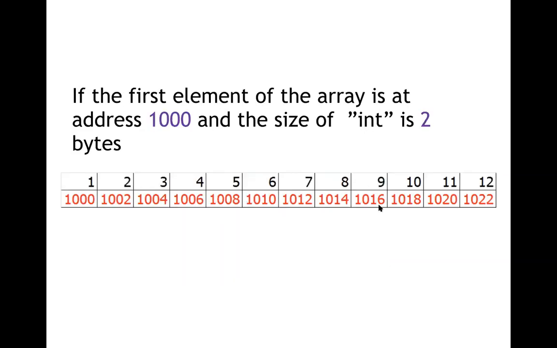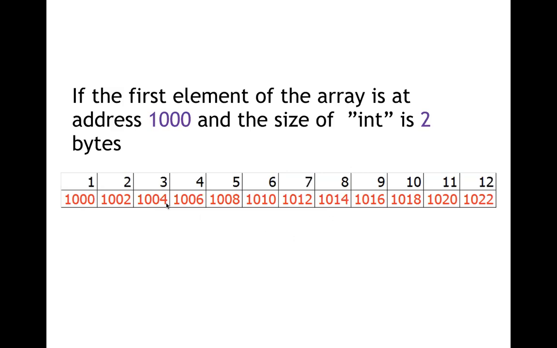Assume that the first element of your matrix is stored in location 1000. That is, the starting address of your matrix is 1000, and the size of an integer is 2 bytes. So my starting address of the memory location of my matrix is 1000 and the integer occupies 2 bytes of memory space.